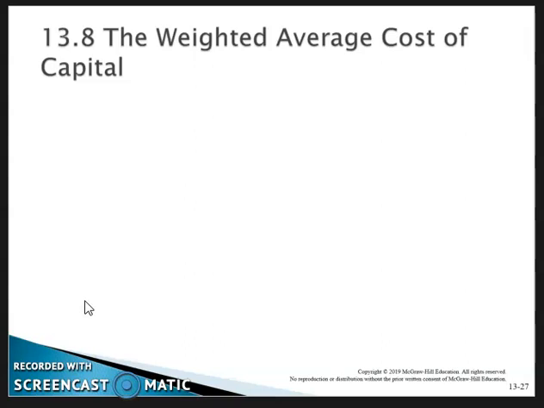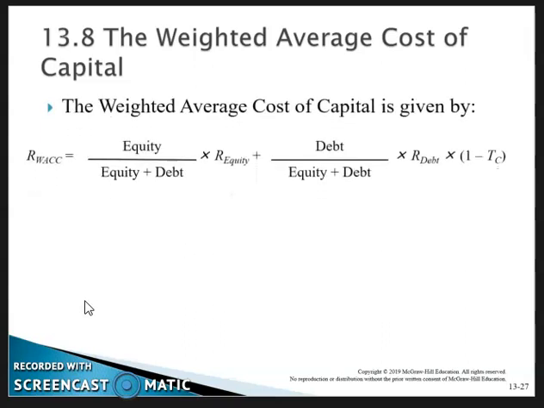So, weighted average cost of capital. The weighted average cost of capital is given by the weight in equity multiplied by the required rate of return on equity, plus the weight in debt multiplied by the yield to maturity on the debt multiplied by 1 minus the tax rate.